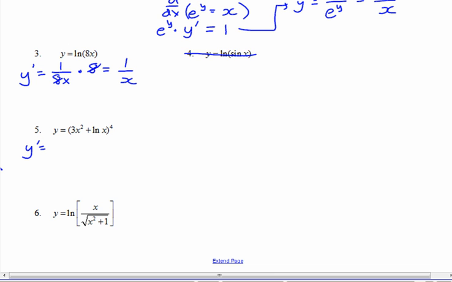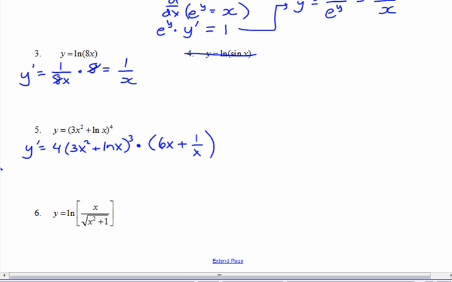So we first start with 4 all to the power of 3 times the derivative of the inside. I'm going to use brackets here. Derivative of 3x squared is 6x, derivative of natural log of x, so plus 1 over x.